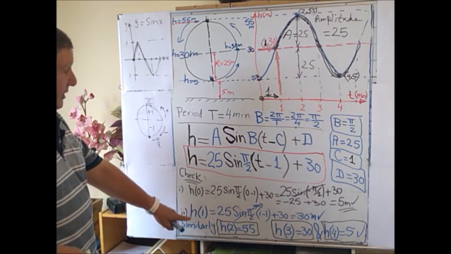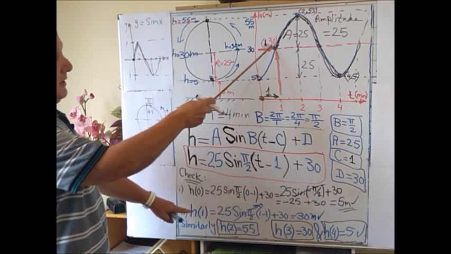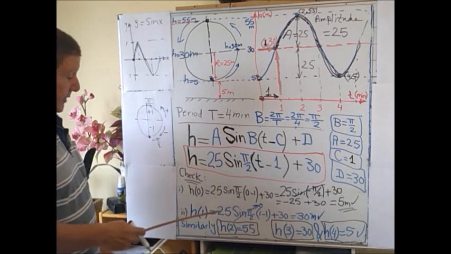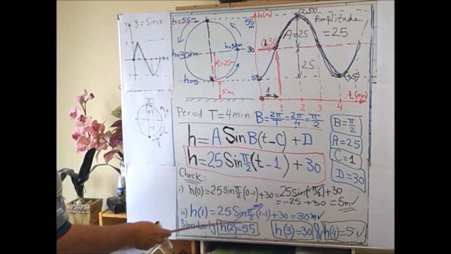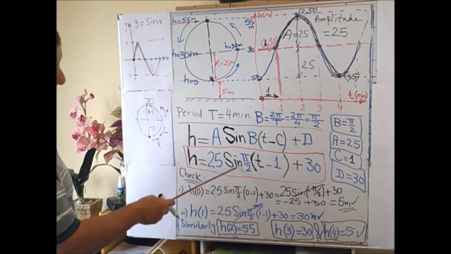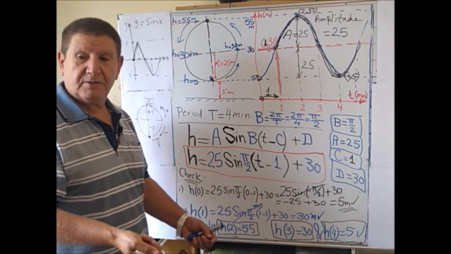Let's do another check. When t is 1, we expect h to be 30. Let's substitute. t is 1, so 1 minus 1 is 0. So sine of pi over 2 times 0 is sine 0. What is sine 0?